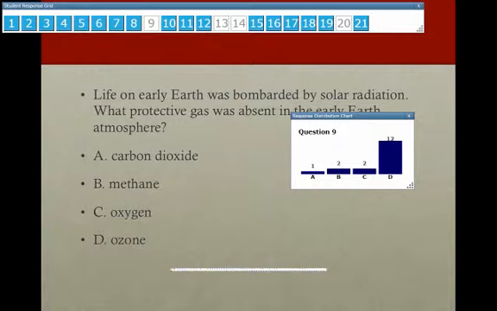The answer is ozone. Yes. Do you guys know what the formula for ozone is? O3. Yep, and it's protective.